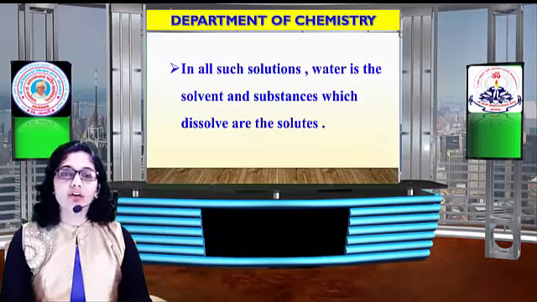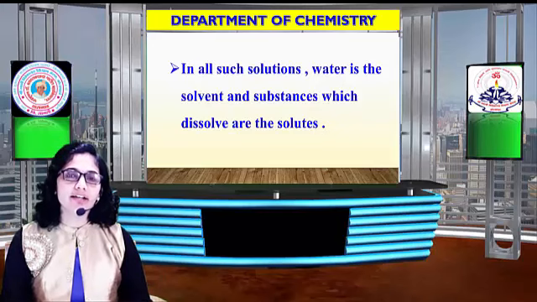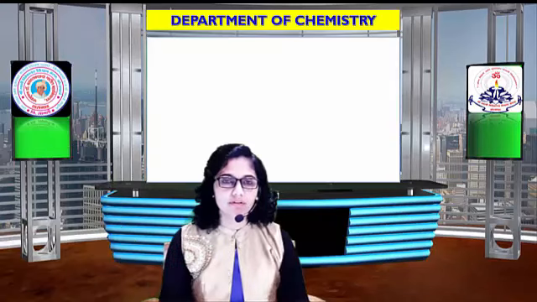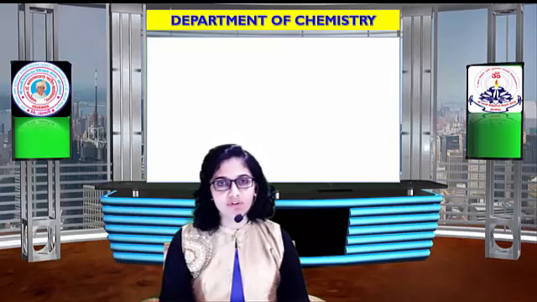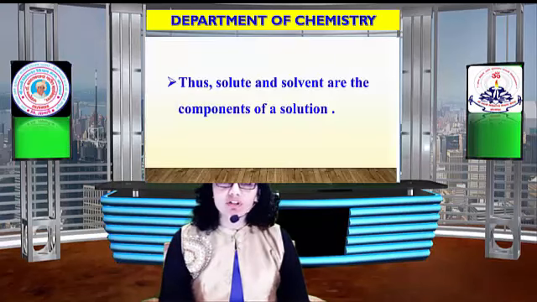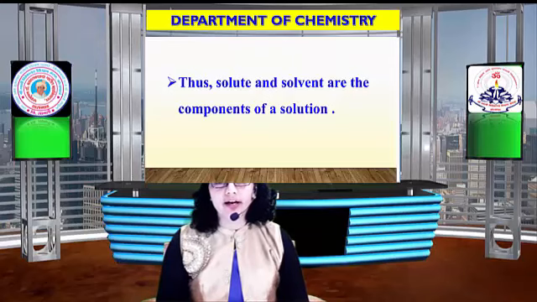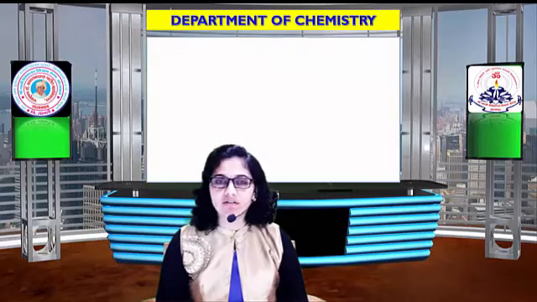In all these solutions, water acts as a solvent and all these compounds act as a solute. That is, solute and solvent are the components of the solution. Those compounds which we want to dissolve are called solute, and the medium in which we dissolve the solute is called solvent.